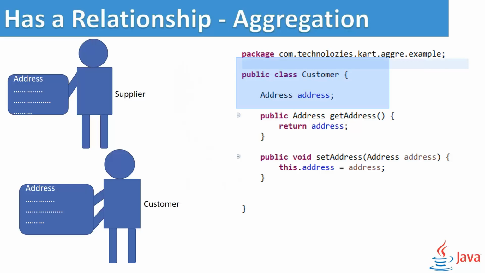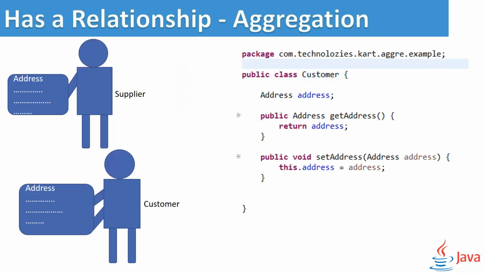So if we want to implement aggregation, we need to create a reference of the other class in the outer class. Here you can see how a reference of the address class has been created under the customer class. So now we have covered aggregation and its implementation too.